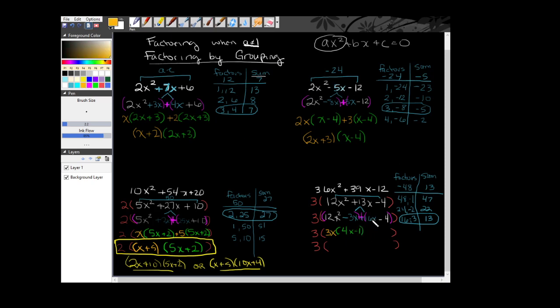In my second set of parentheses, I have a 16x and a 4. So I know I can factor 4 from that, leaving me with another 4x minus 1. And then I gather everything that I've factored out, which is 3x plus 4. And I gather together the pairs.